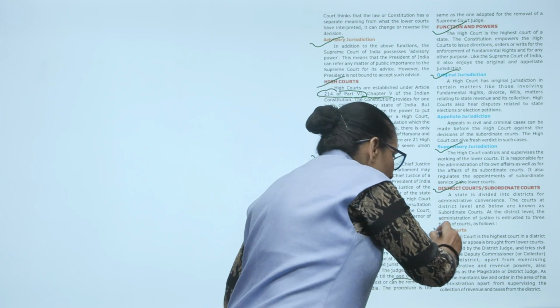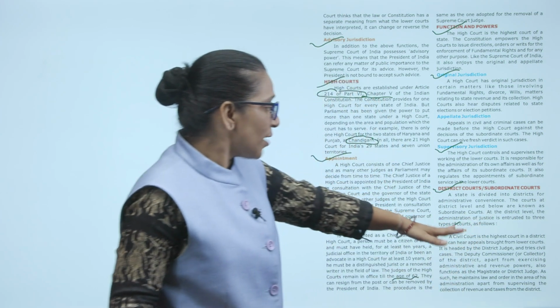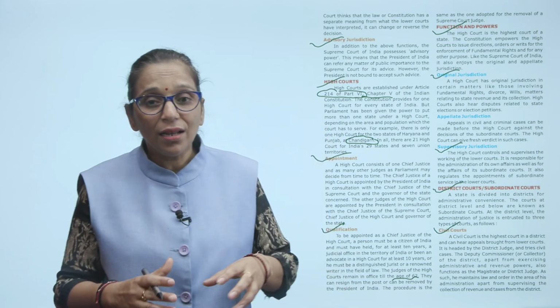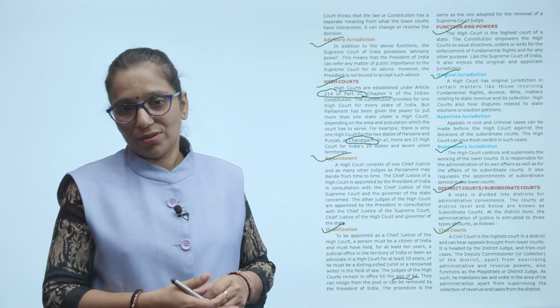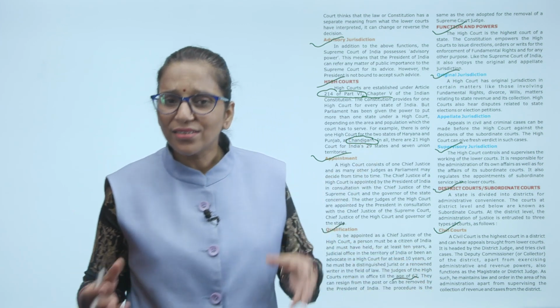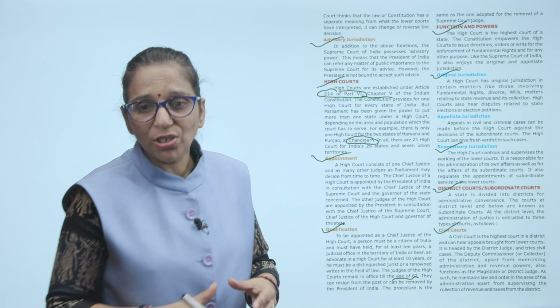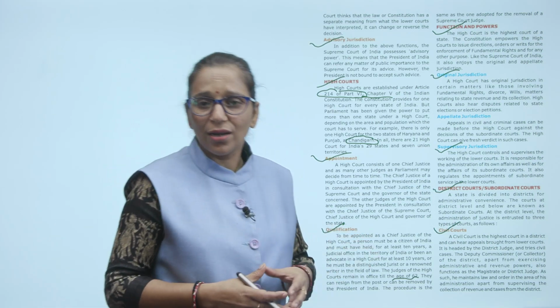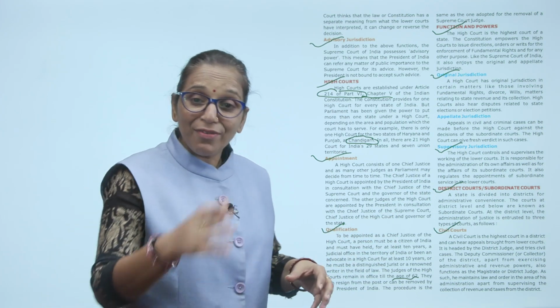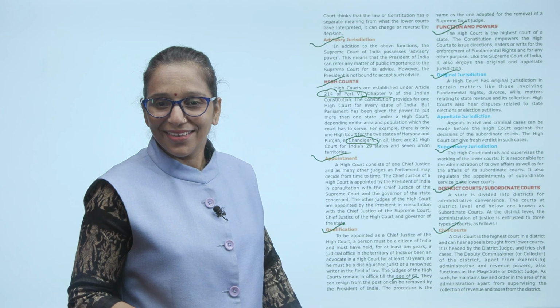Number one, civil court. Civil court is the highest court in the district, can hear appeals brought from the lower courts. It is headed by the district judge and tries civil cases. The deputy commissioner or collector of the district, apart from exercising administrative and revenue power, also functions as the magistrate of the district judge.